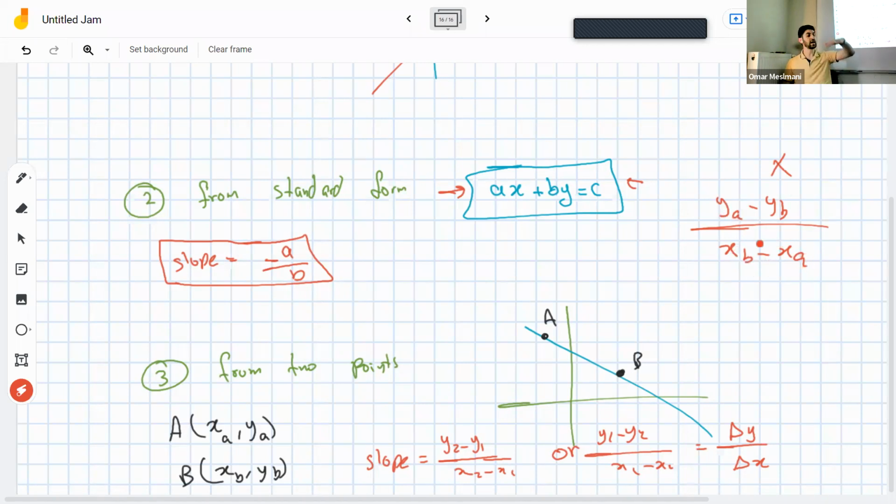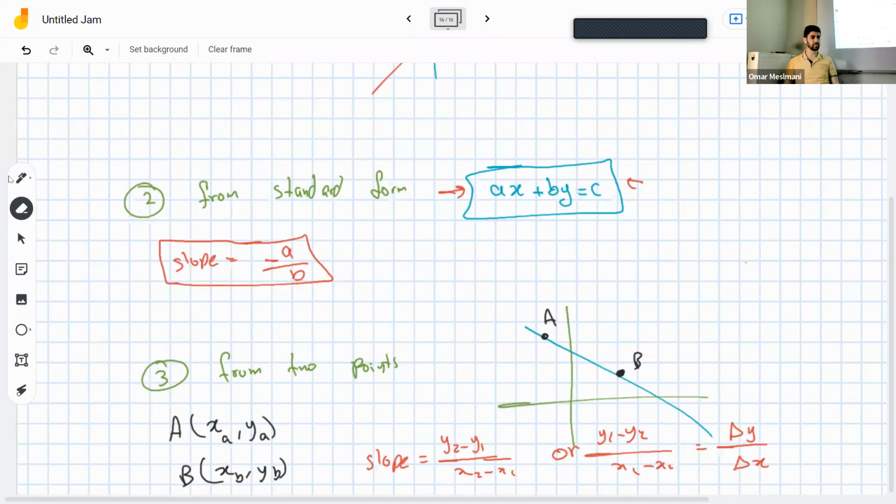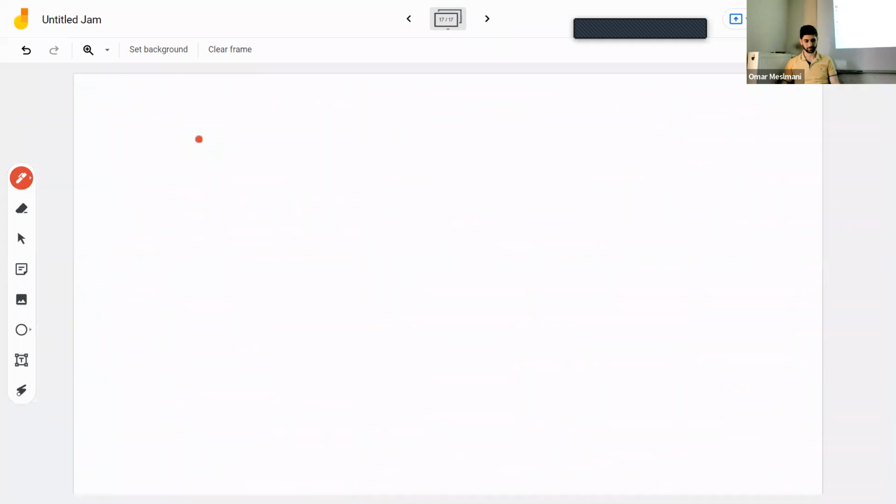If you start the numerator with BA, the denominator has to be BA. If you start with AB, the top is going to be AB. Up and down, they have to be in the same order. So this is the third way to find the slope. Let's try to find some examples about this.